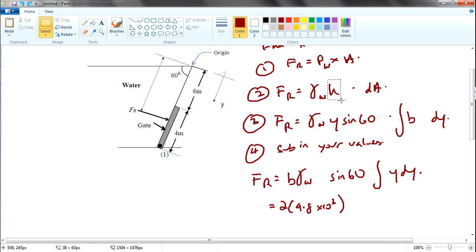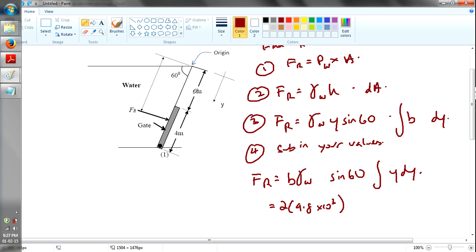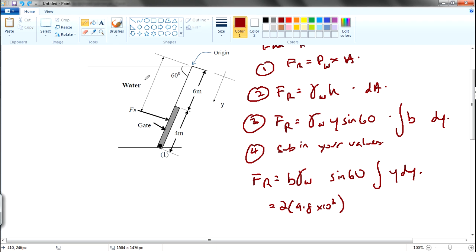When you expand, you know that h is in terms of y sine 60, as we previously defined. So this is the h and this is the y. So opposite divided by hypotenuse equals sine 60.